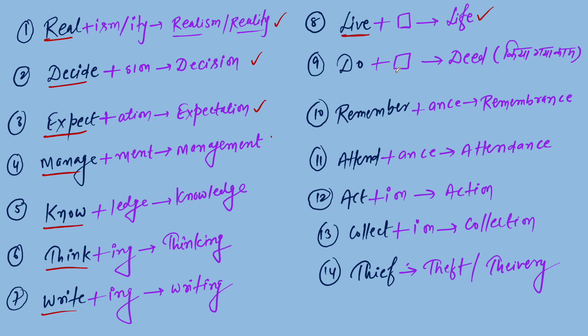We haven't added any word or any collection of letters to this, and actually it has converted to deed. And in the same case, we haven't added something to this word, but it has converted to theft or thievery. Is it clear or not?